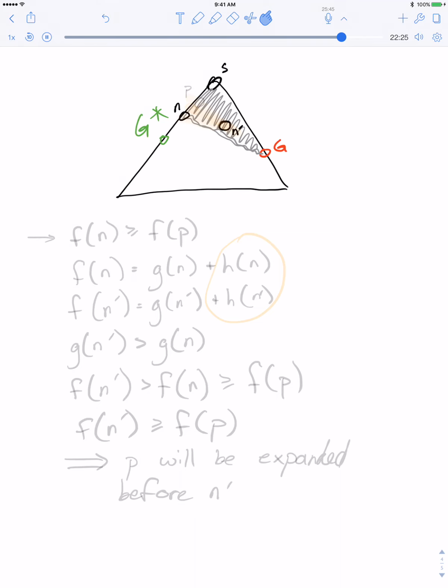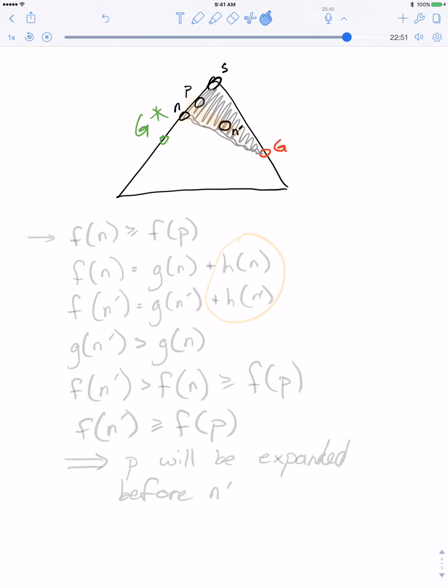So here's the strategy. Let's consider some p that's above n. The particular p that we're choosing is whichever ancestor of n prime was on the fringe when we first expanded n prime.